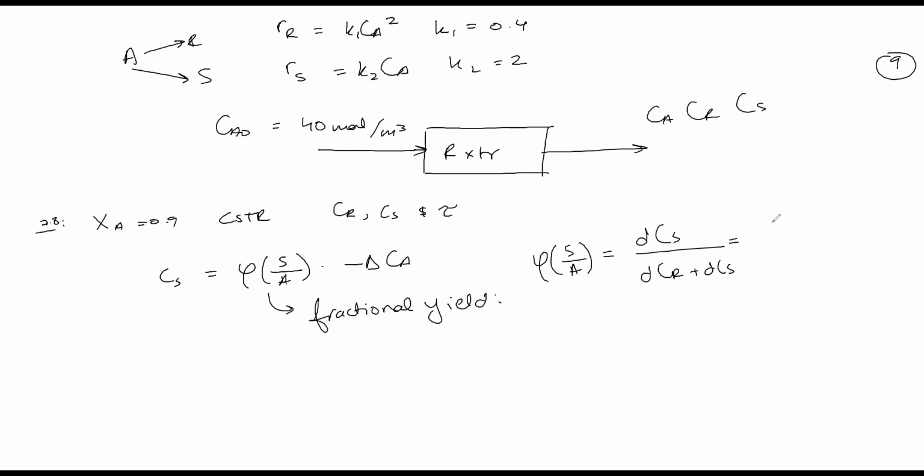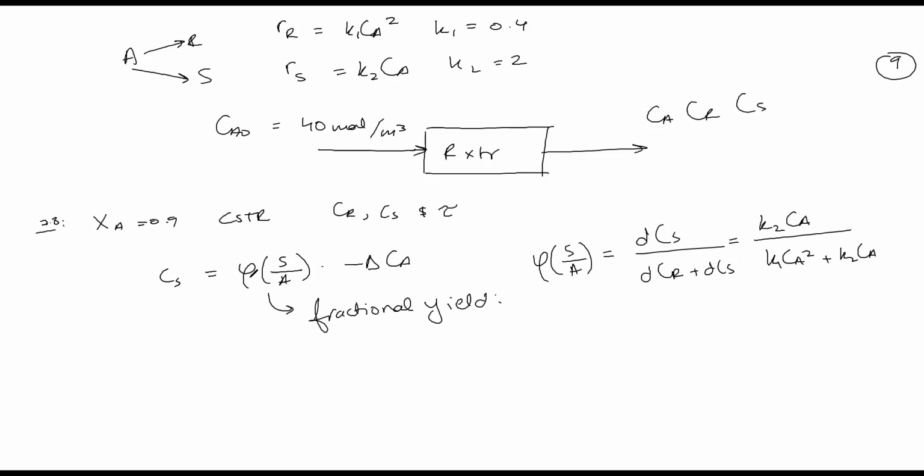It's basically the reaction rate of the product you're looking for, K2CA, divided by the reaction rate of all the other species. In this case, it's K1CA squared plus K2CA. So this is the fractional yield of S compared to A.